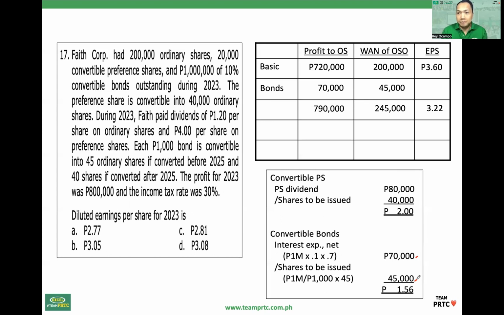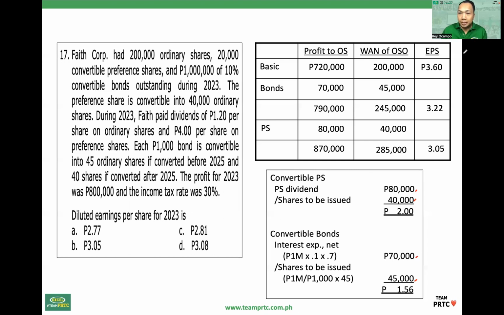So consider. Okay, PS conversion. If the PS are converted, effect on numerator, effect on denominator. Okay, as adjusted, numerator, denominator. The conversion of PS will further reduce EPS to 3.05. So the preference shares are also dilutive.